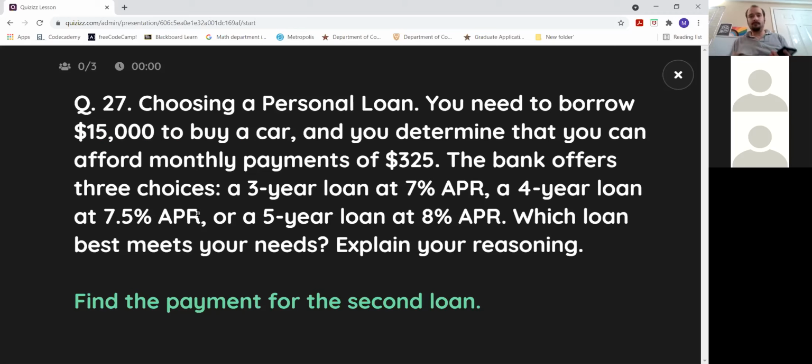Then do we round to the nearest dollar? Yeah, just the nearest whole dollar on this.